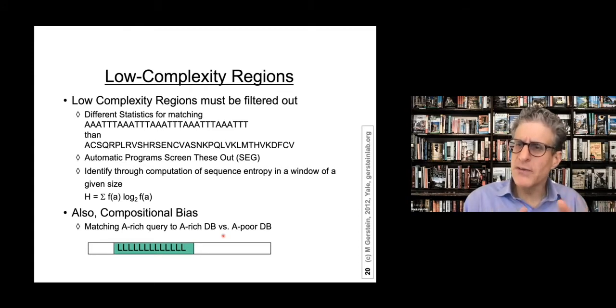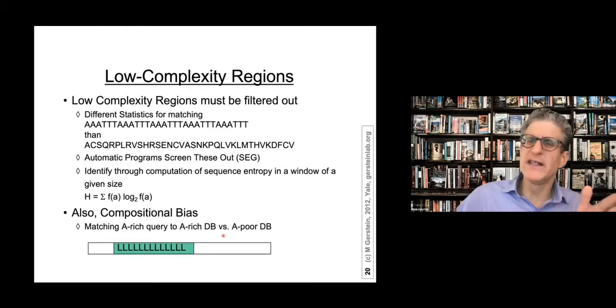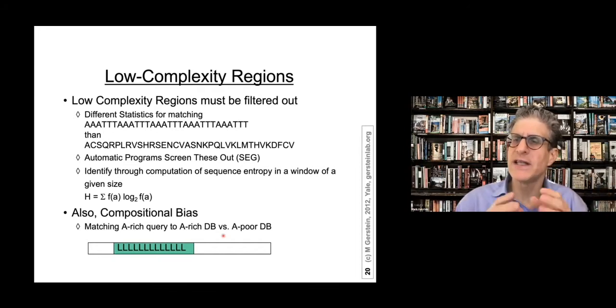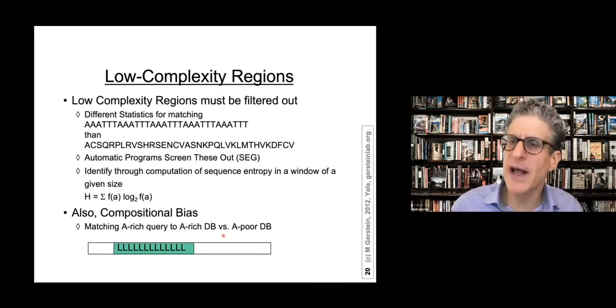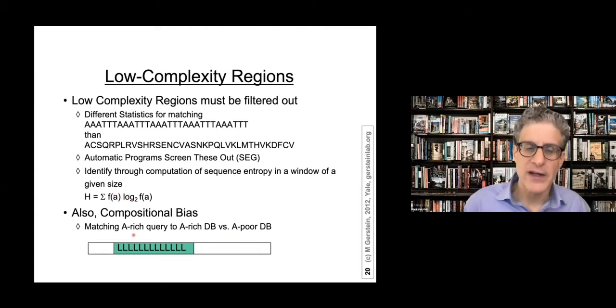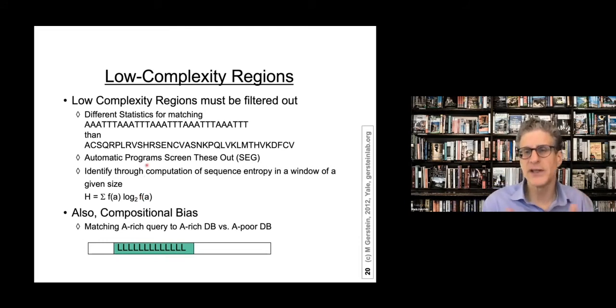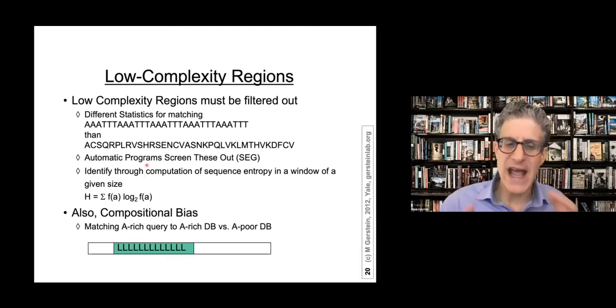But there's also, in the database, just runs of A's, runs of L's, just long sequences that people describe as homopolymers, low complexity regions, and so forth. And you can use this characteristic to find them by looking at the compositional bias within a window and sliding that window to find low complexity regions.